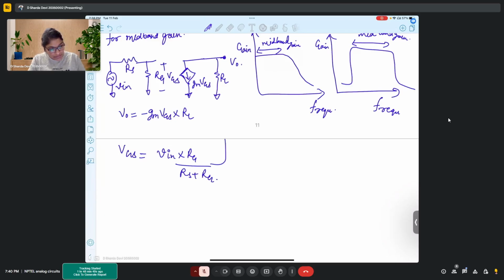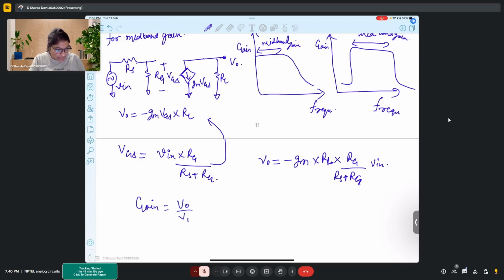Now substituting this in here, we'll get V out equal to minus Gm into RL into Rg upon Rs plus Rg into Vn. Now gain is nothing but V0 by Vn, which is basically minus Gm RL Rg upon Rs plus Rg, right?